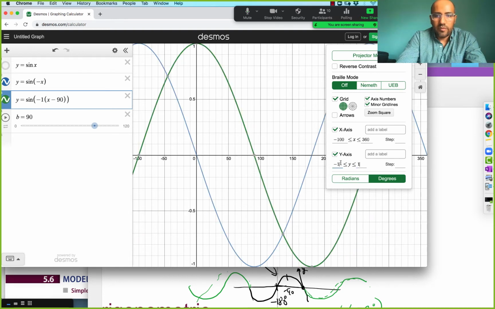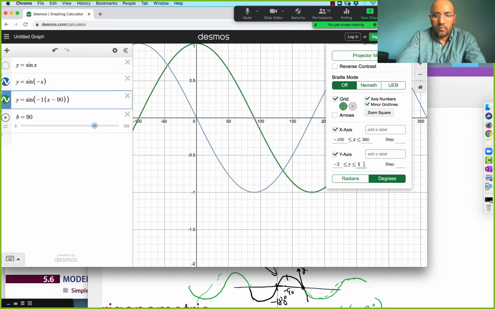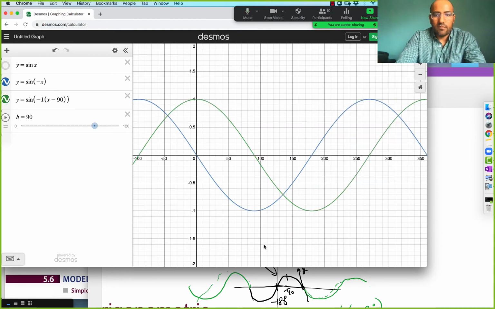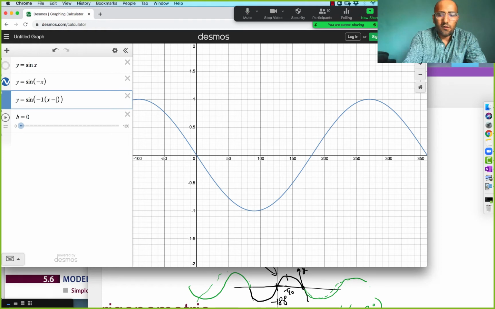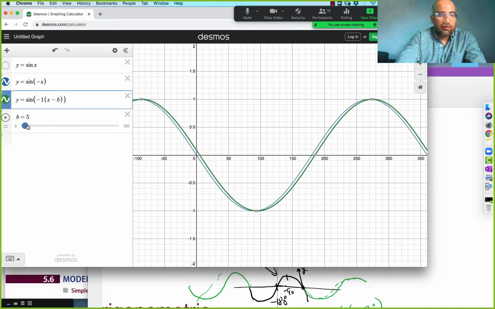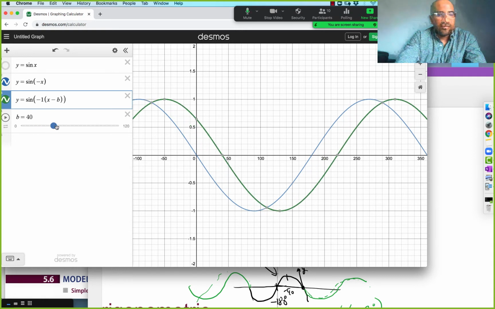That's too big. Make it 1.5. Make it 2. Negative 2 to positive 2. Okay, now it's making more sense. A little more sense. Now we're in the ballpark. Okay, anyway, so it shifts it to the right.